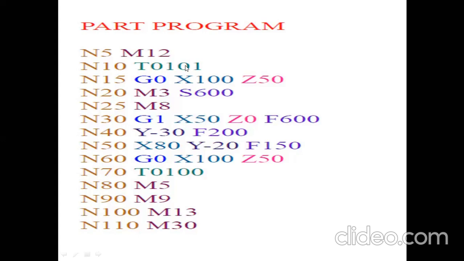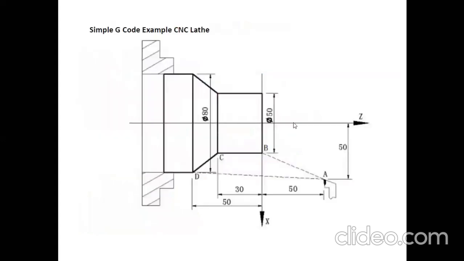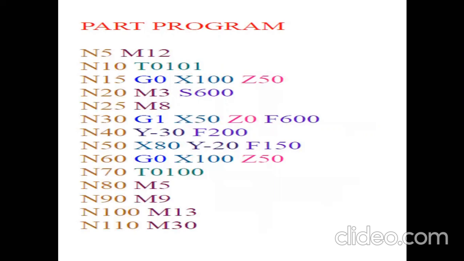After selection of the turning tool, we have to move the tool from the home position to this position, point A. So we will write the next command, which is your third line N15, represented by G0 or G00, with X and Z parameters.